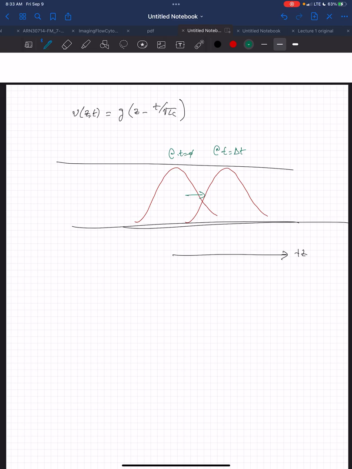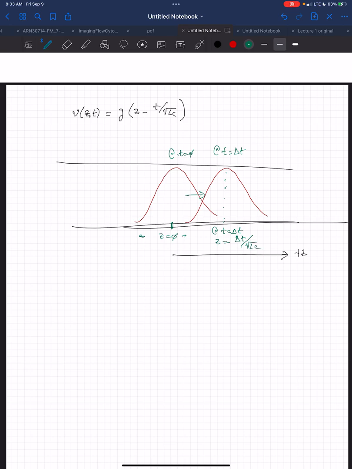And the distance, so assume this is z equal to 0. This would be negative z, this would be positive z. The distance that the new peak would be at, at t equal to delta t, would be z equal to delta t over square root of LC.